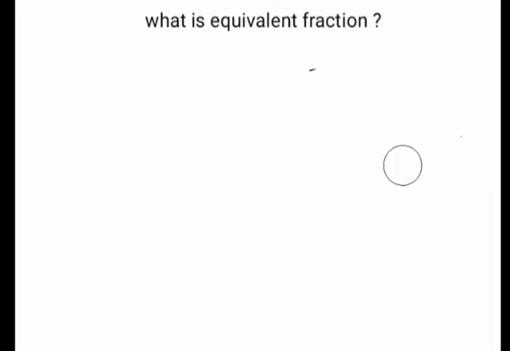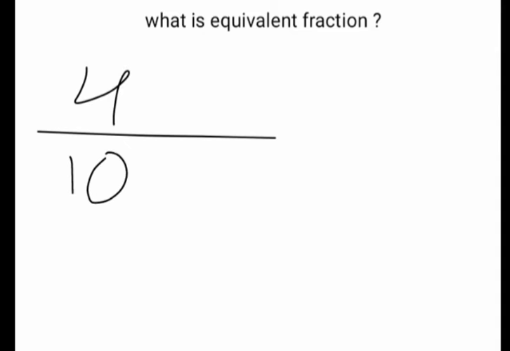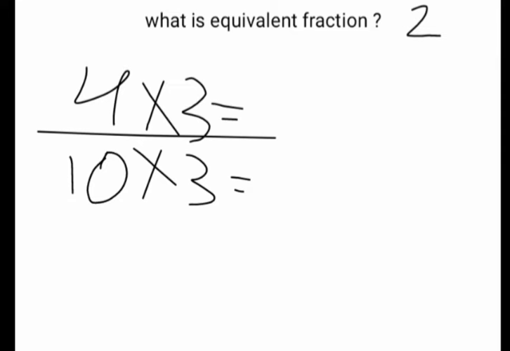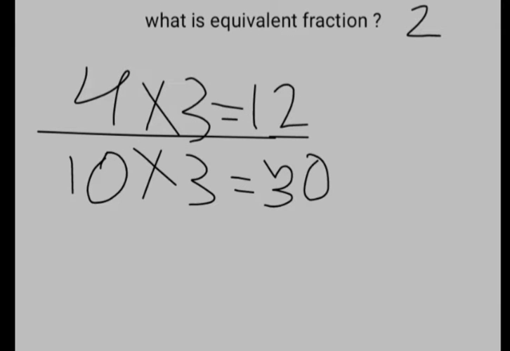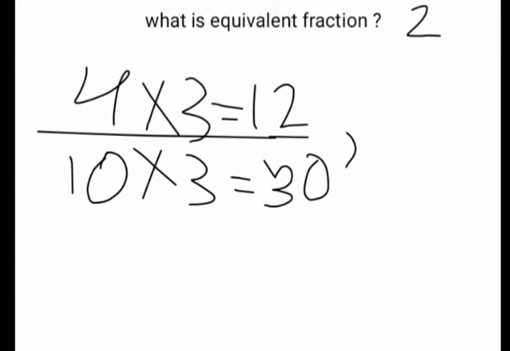So one more example I will give, that is 4 upon 10. Now you have to find out two equivalent fractions for 4 upon 10. So you can take it as 3. Yes, 3 you can take. So it will be 4 into 3, 12, and 10 into 3, 30. And the second one we will take, that is 4 upon 10.